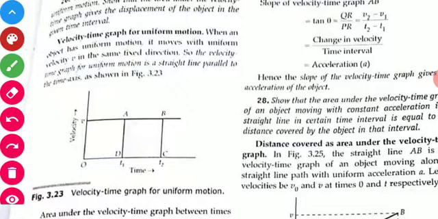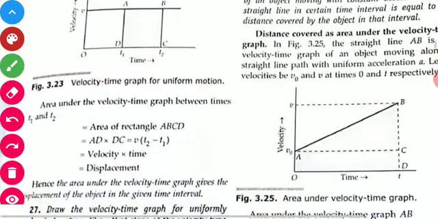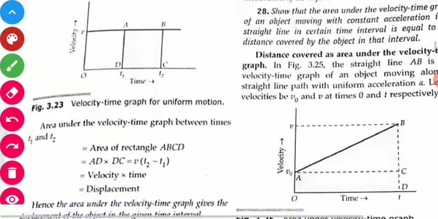So students, if we have a horizontal straight line, then this graph gives us uniform motion. Now we can calculate the area of rectangle ABCD. The area of rectangle ABCD is equal to AD into DC.